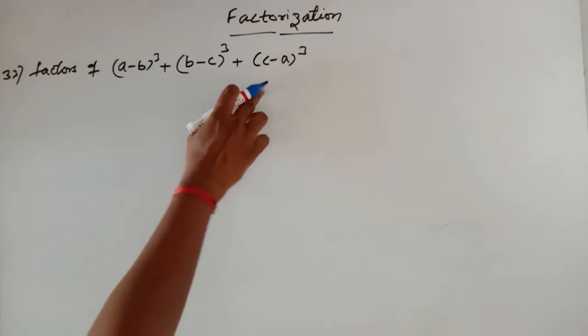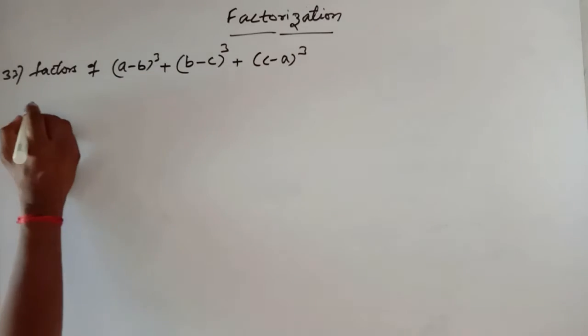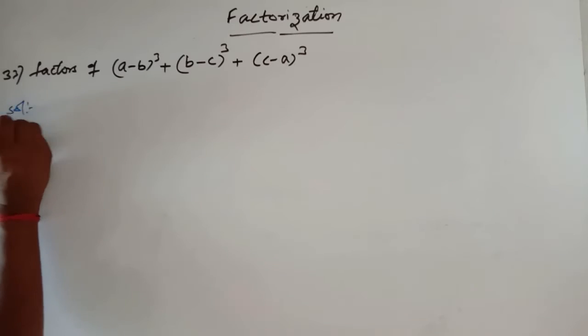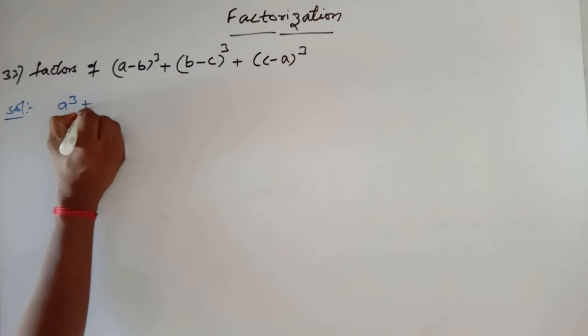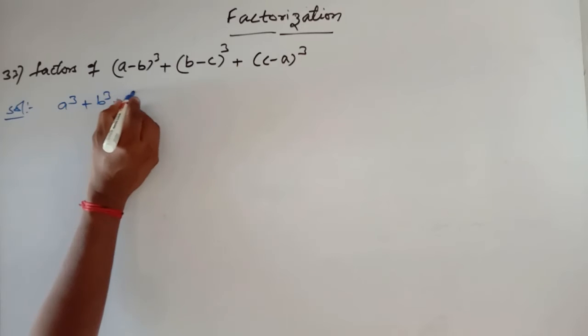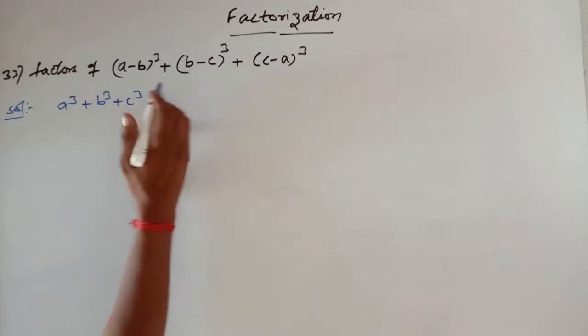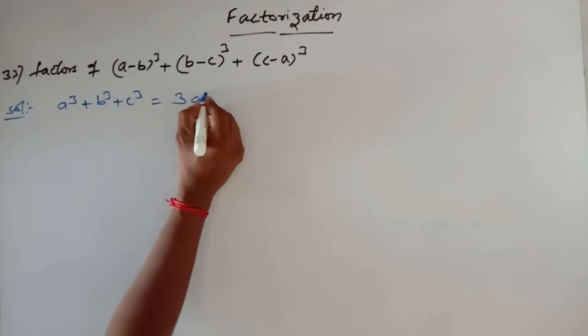Now here it is in the form of a cube plus b cube plus c cube. This is a, I am taking b, c equal to 3abc.